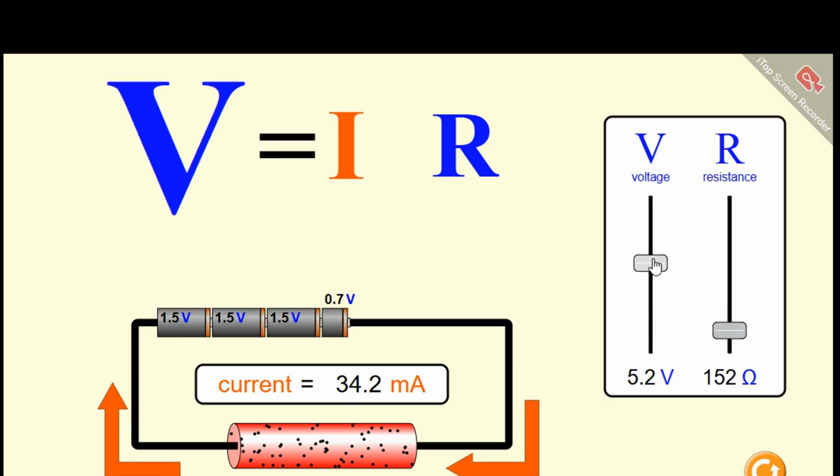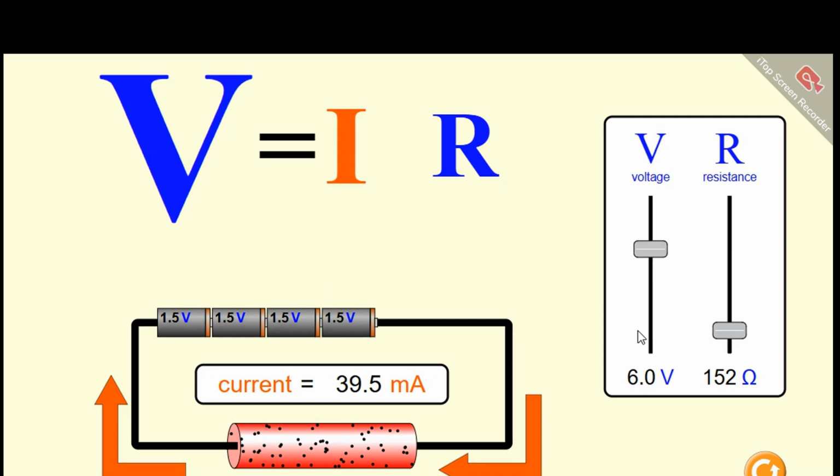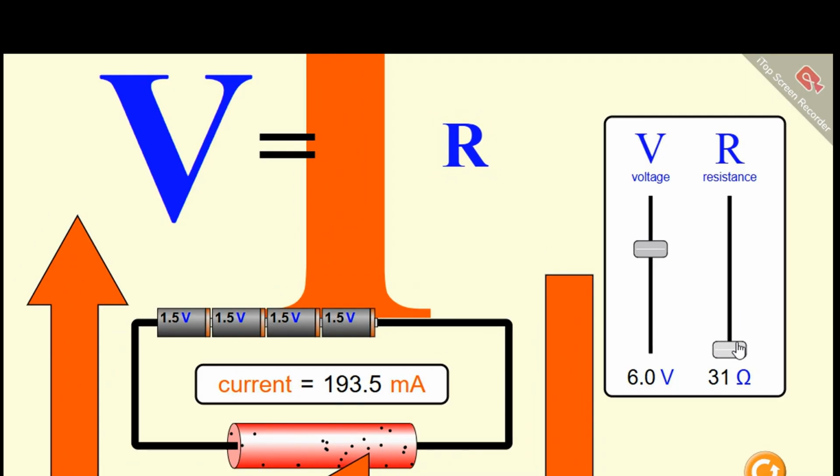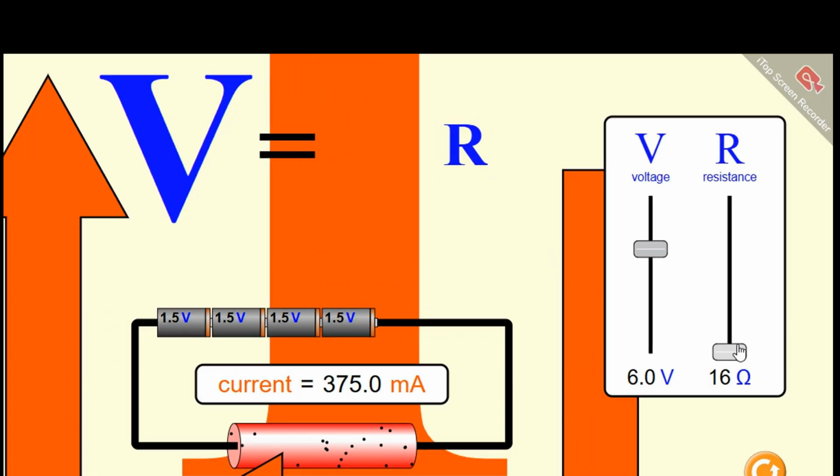And if we increase the voltage further, there are about 4 batteries connected in series, giving about 6 volts, and the current value will start increasing as we decrease the resistance.